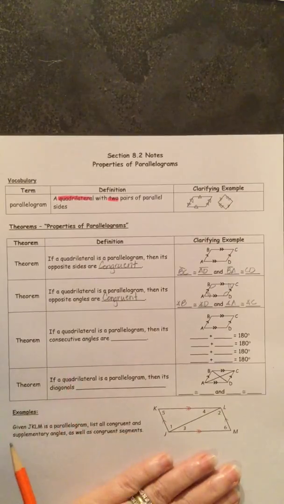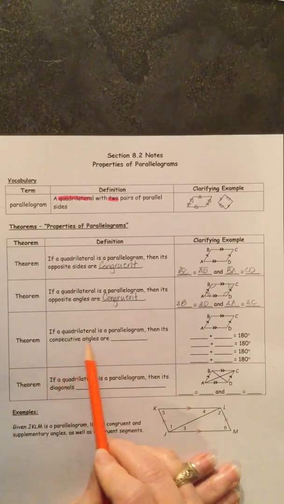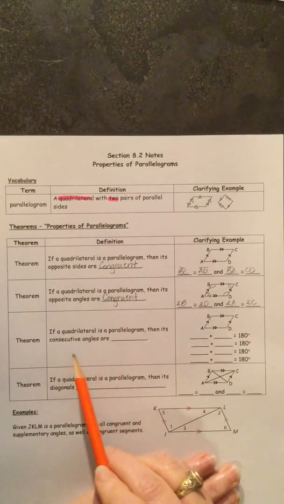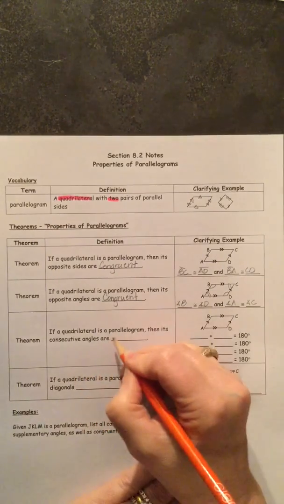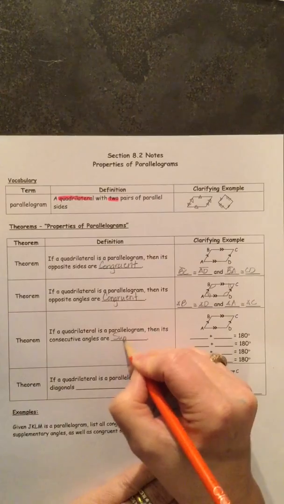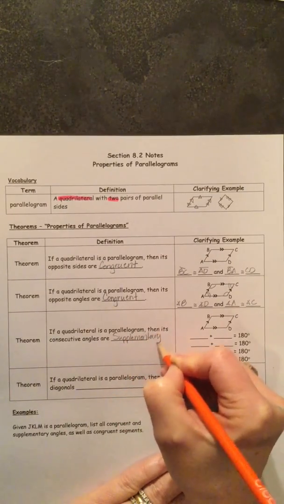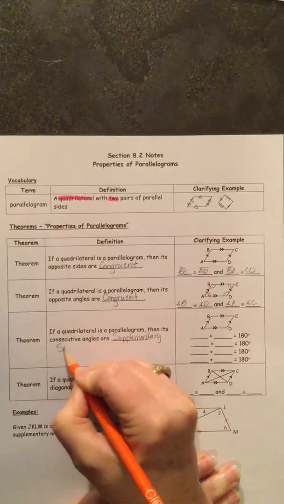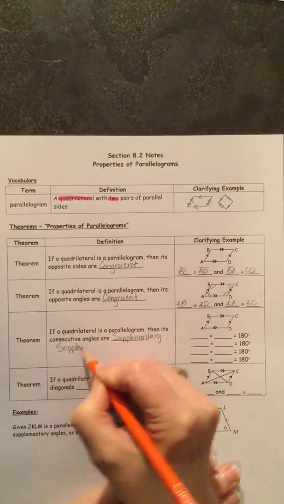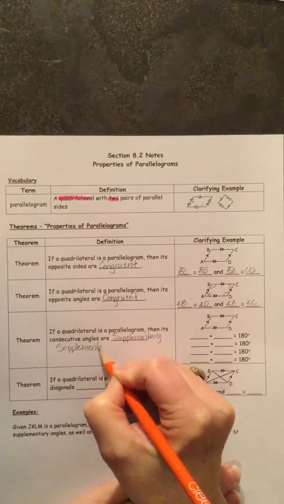Okay, our third definition is if a quadrilateral is a parallelogram, then its consecutive angles are supplementary. Remember, supplementary means they add up to be 180.